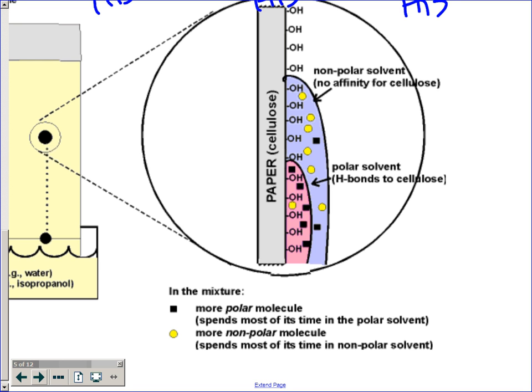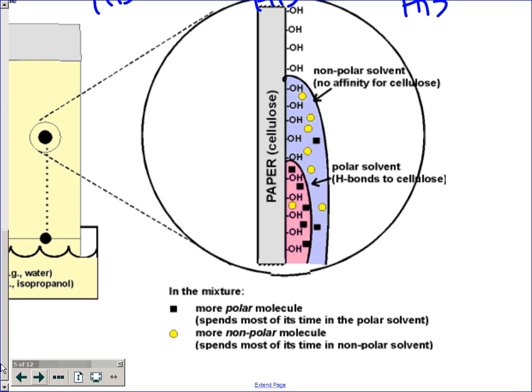So take a second and observe, see what's happening. All right, and our solvent is what here? So, okay, this is cellulose, right? You can see this little OH is hanging off.